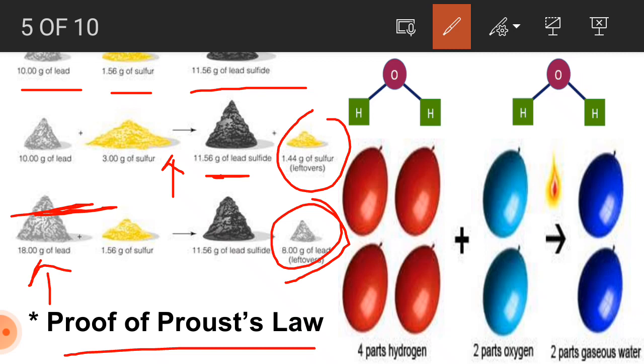If you try to take 4 hydrogen atoms and 2 oxygen atoms, in order to form one molecule of water, 2 hydrogen atoms among the 4 and 1 oxygen atom among the 2 will combine to give 1 molecule of water. So in total we will get 2 parts of gaseous water.